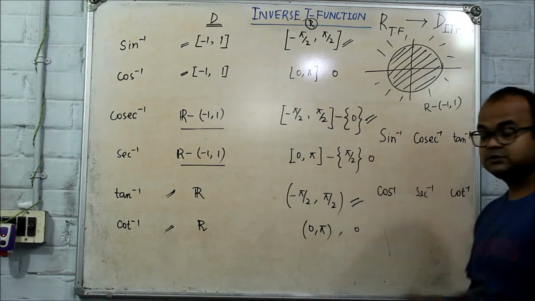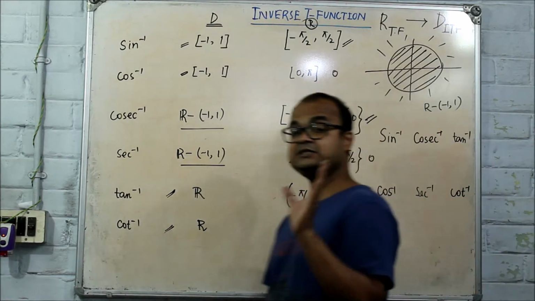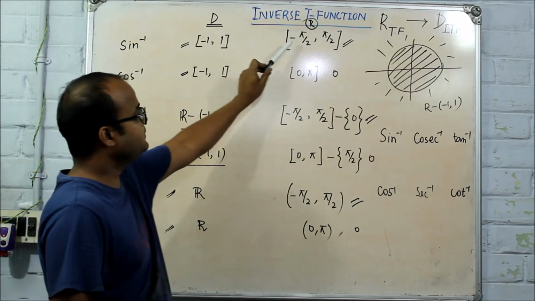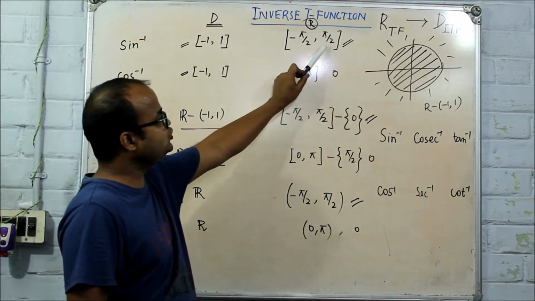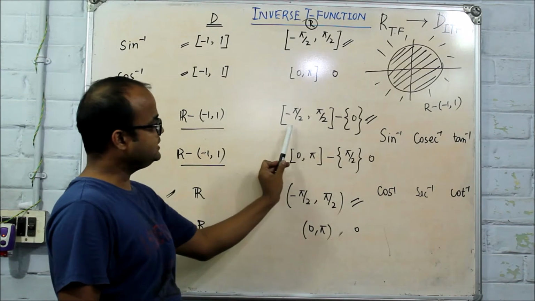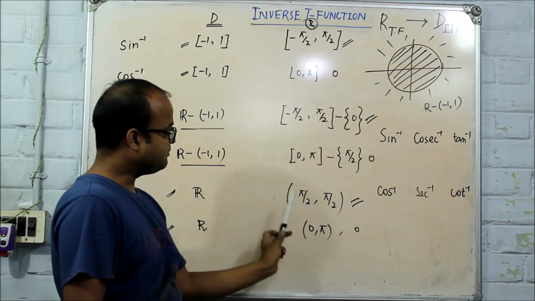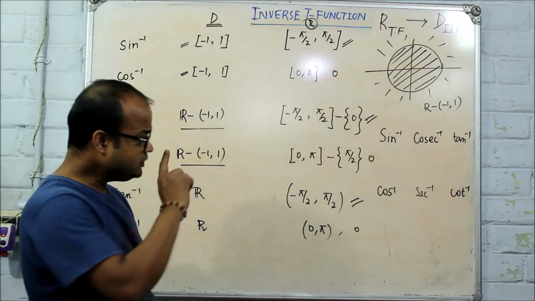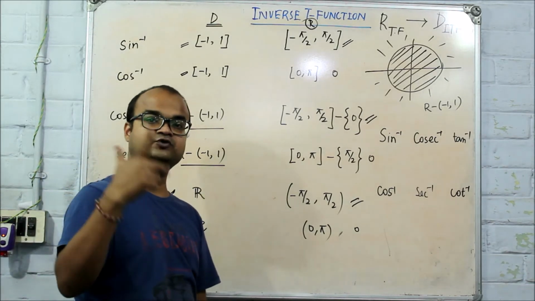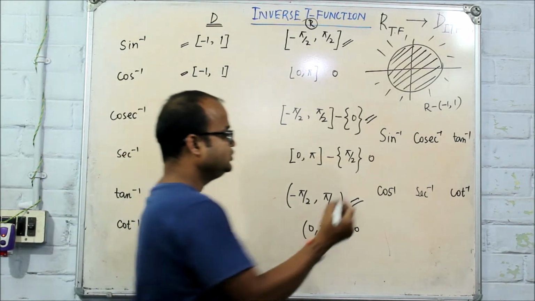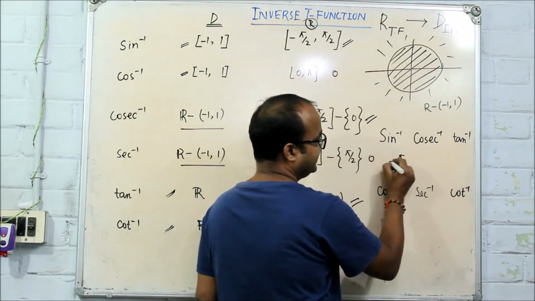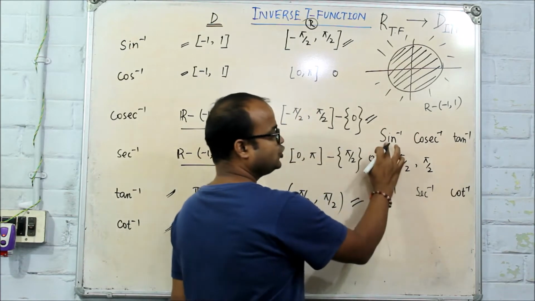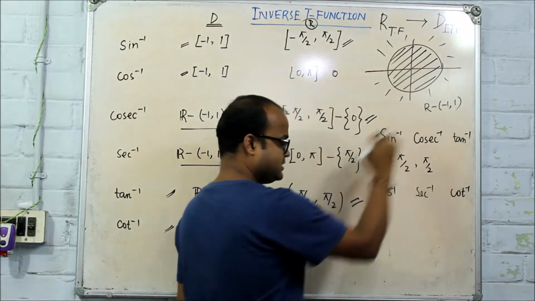Why am I telling you to remember these three parts? You see there is a common thing. Minus pi by 2 to pi by 2 for sine inverse, cosec inverse and tan inverse. Closed, closed, open: same pattern.